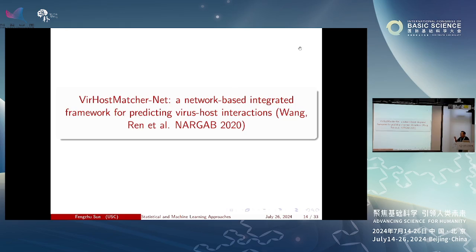Viruses can kill some bacteria, so trying to identify those viruses that impact or kill some bacteria has become a kind of hot topic these days. So that's just one particular application for virus-host interaction.